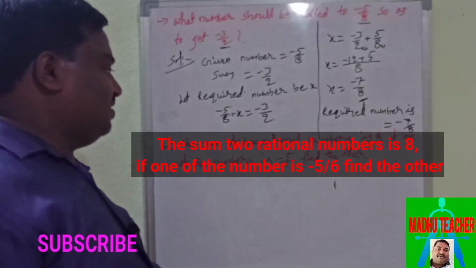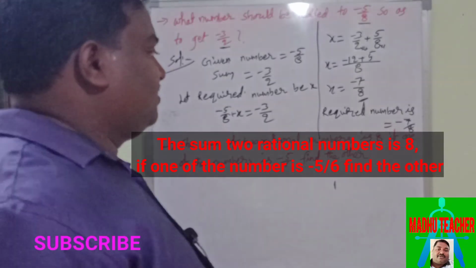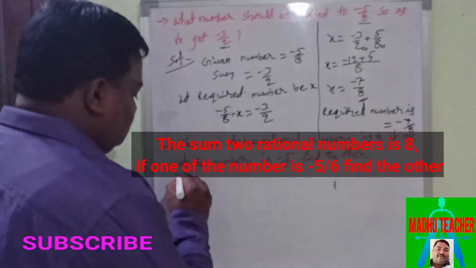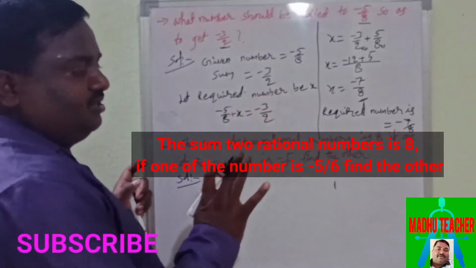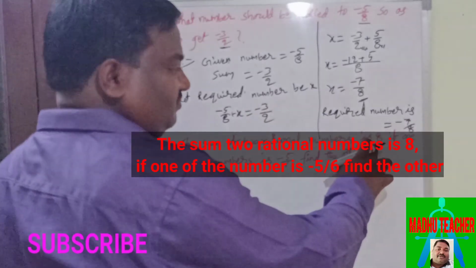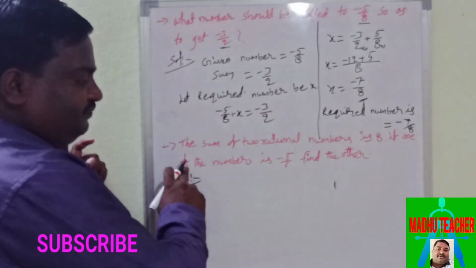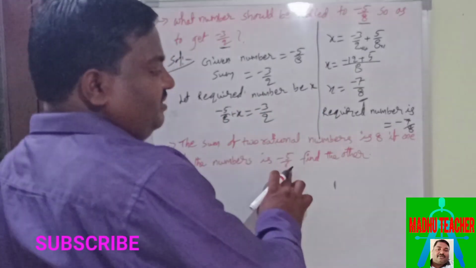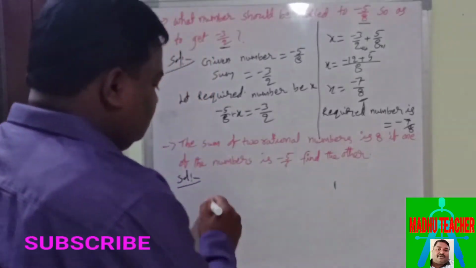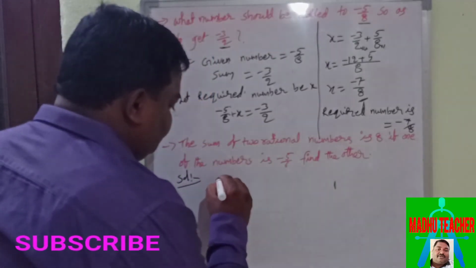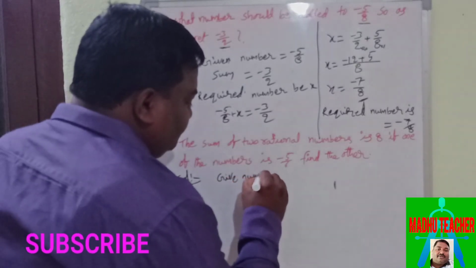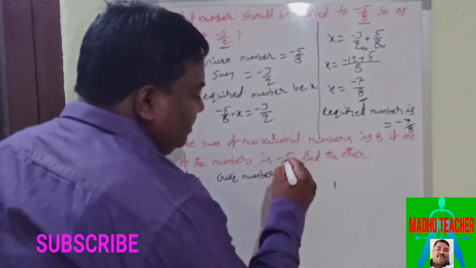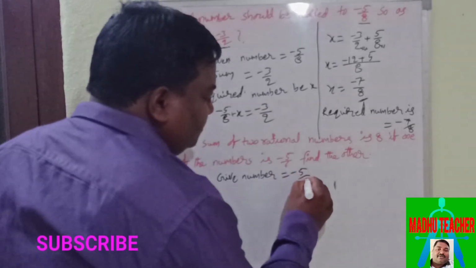If one of the numbers is minus 5 by 6, find the other. So what is given? The sum of any two numbers is 8. In the two numbers, one number is minus 5 by 6, find the other number. So the given number is same like as above, minus 5 by 6.